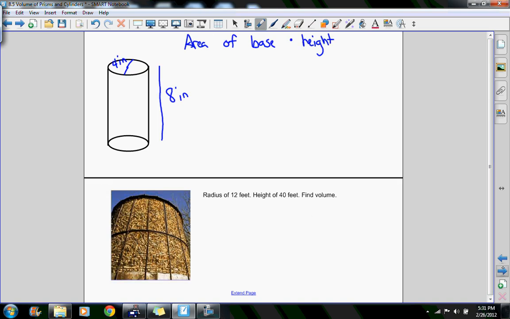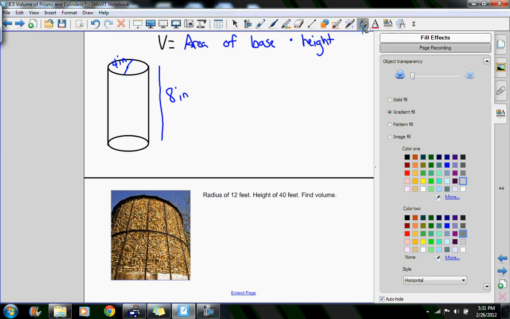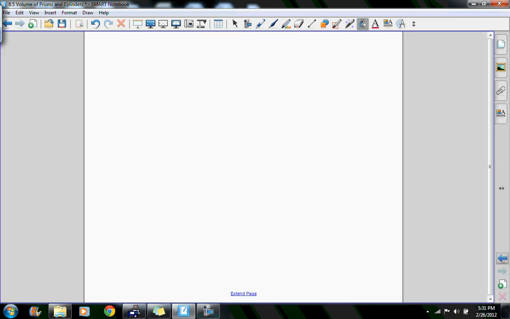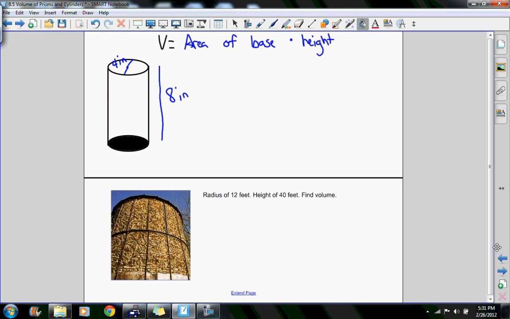Okay, so on our last set, the volume of a cylinder is going to be the same as the volume of a prism, except that now the front face is a full circle here and here.